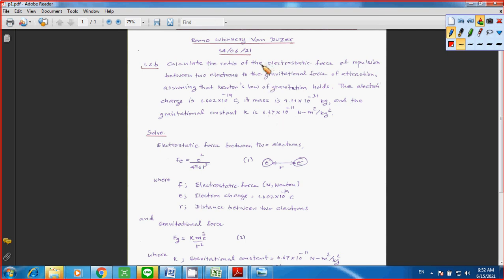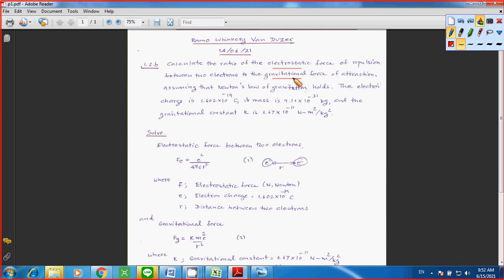Let's just take a quick look. For electrostatic force, you know that 2 electrons will repel each other because they have the same negative charge, right? And you want to compare that to the gravitational force.